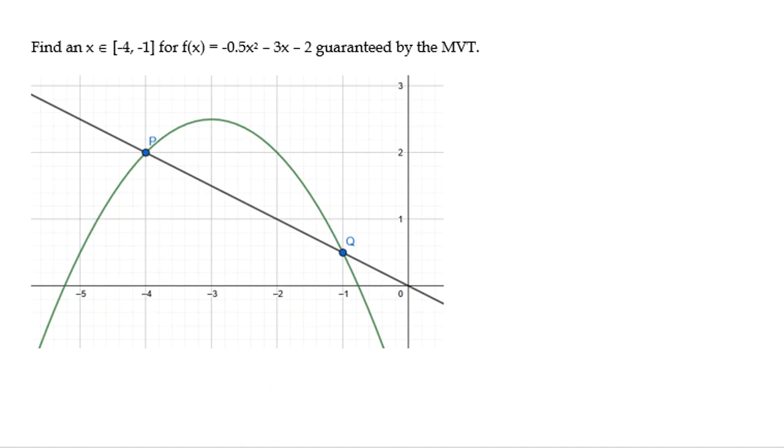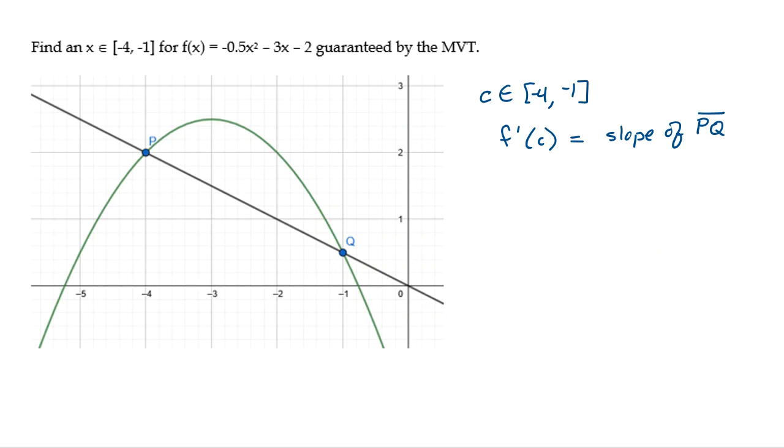All right, so let's go take a look at this picture. What we're looking for is some c in the interval [-4, -1] where the derivative at c is equivalent to the slope of the secant line, which is here given by line segment PQ.